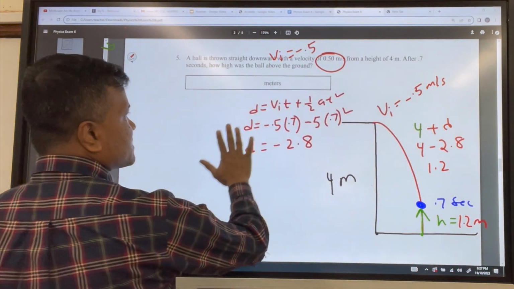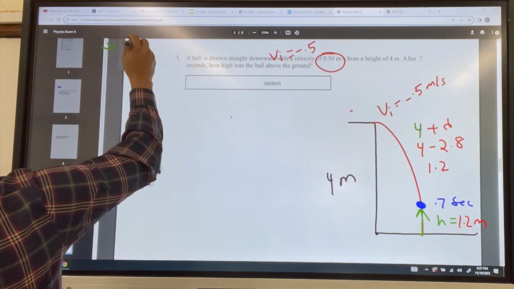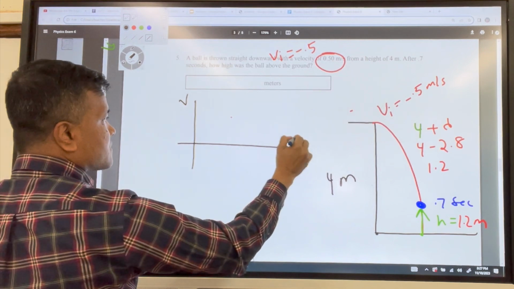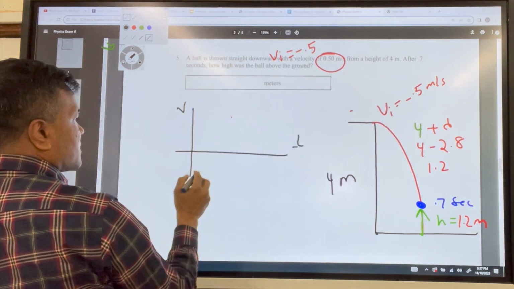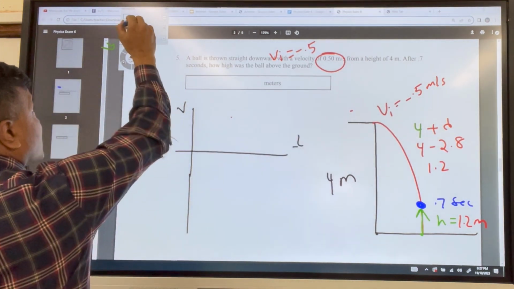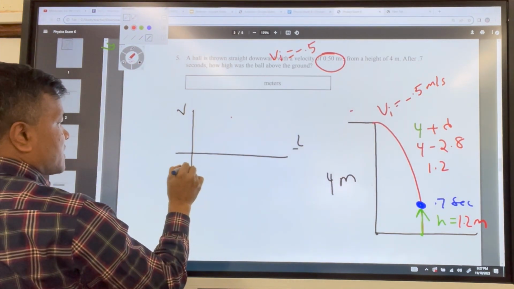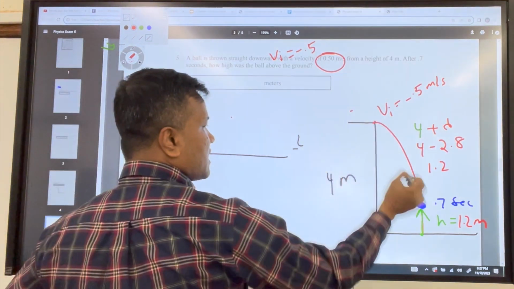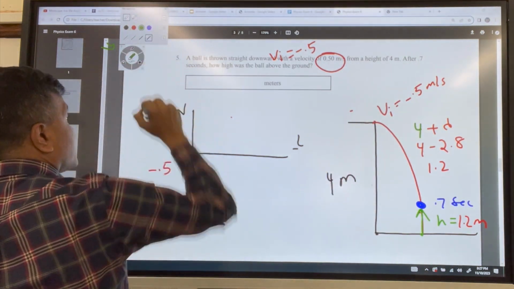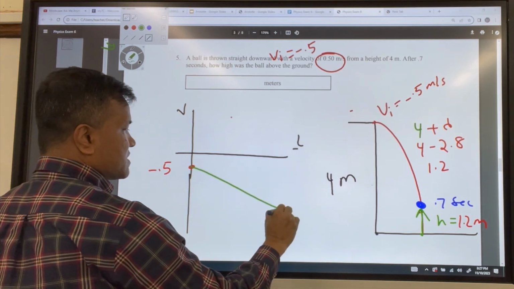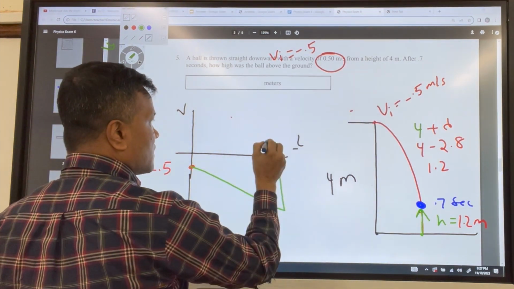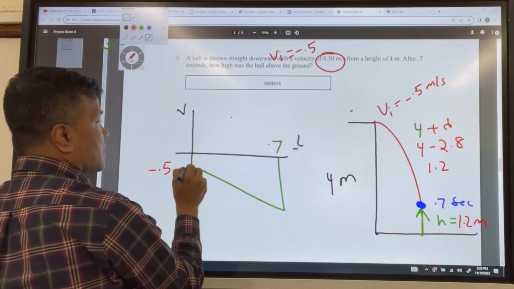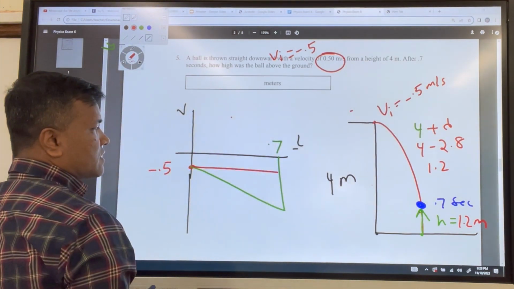You can do it, of course, a different way. You can do it using algebra or geometry. You can do a v-t graph. So if you do a v-t graph, you have initial velocity, which is right here, negative 0.5. And the object falls with linear velocity, and the ball falls only 0.7 seconds. You have a rectangle and a triangle.